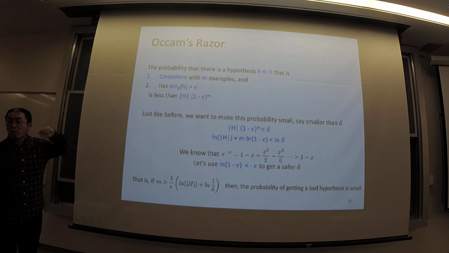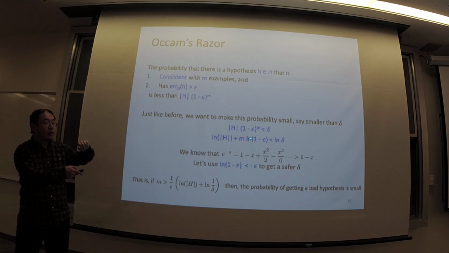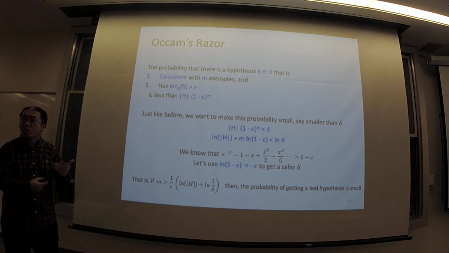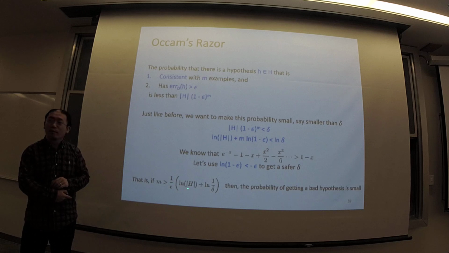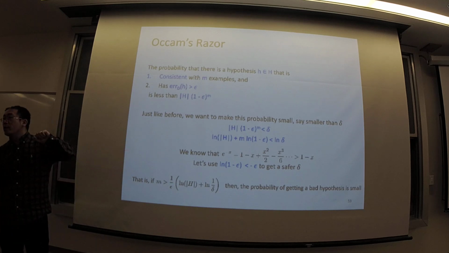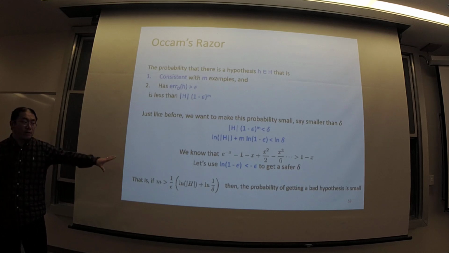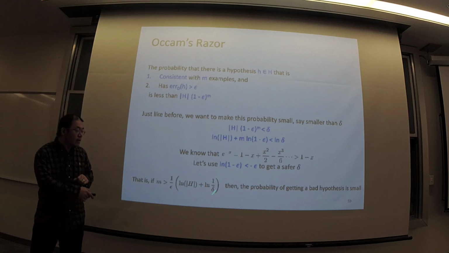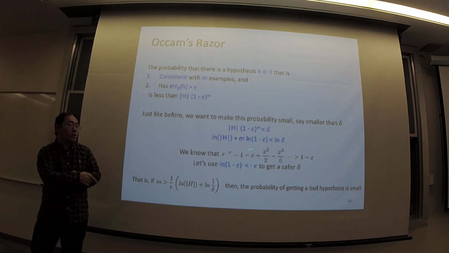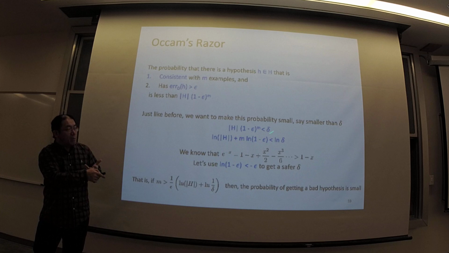Of course, someone will question, why do you use this, right? That means this bound is really, really loose. You might waste a lot of examples. But here, we just do theoretical analysis. In practice, you might not necessarily use so many examples, because we continued to upper bound the left-hand side.